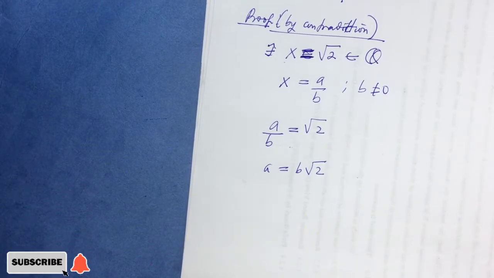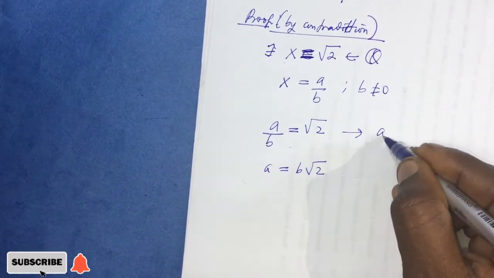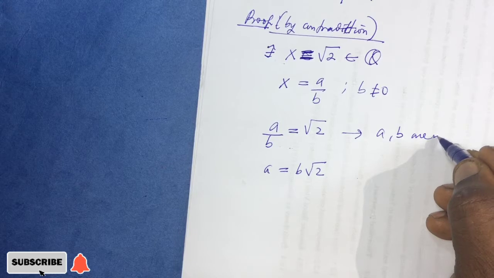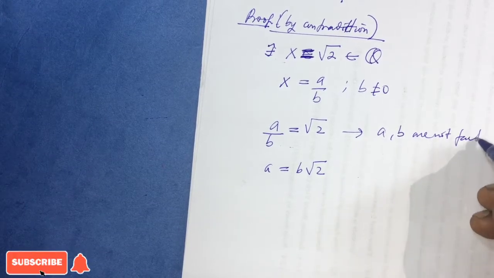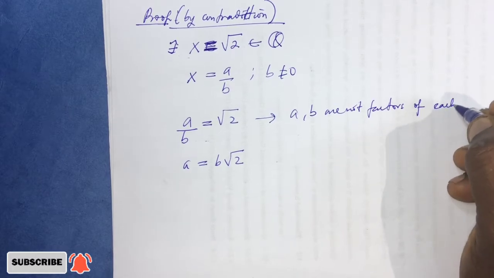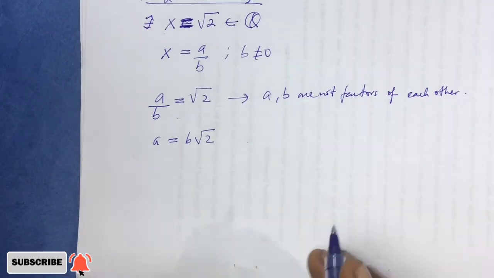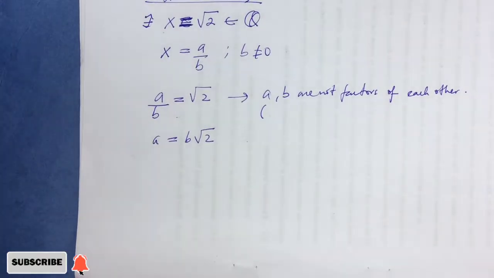Now, at this point in time, we are going to assume that a and b are not factors of each other. What does that assumption mean?